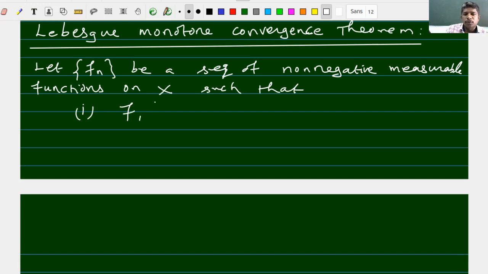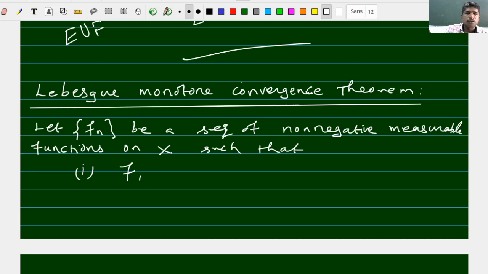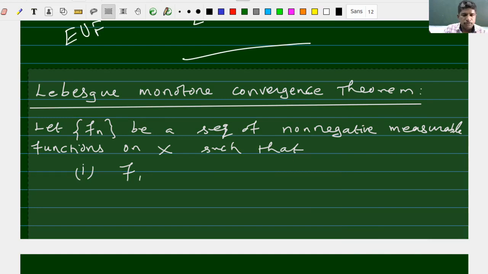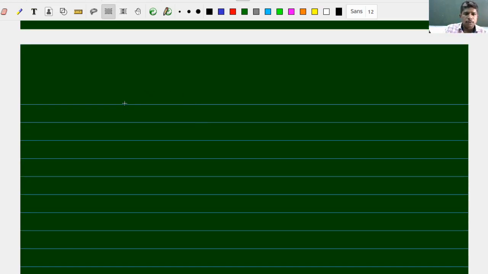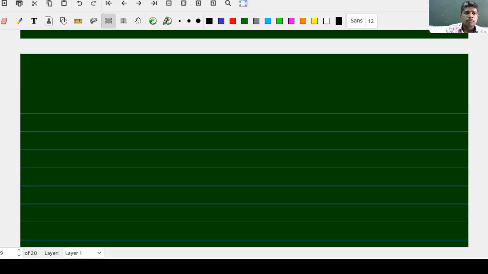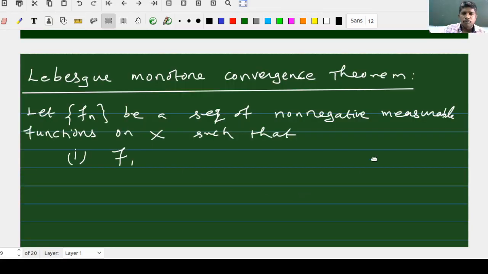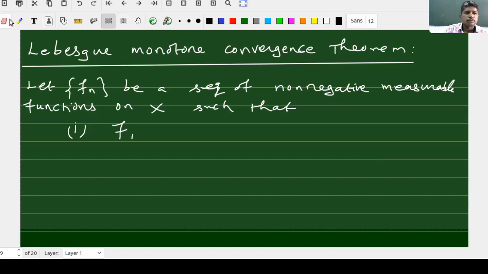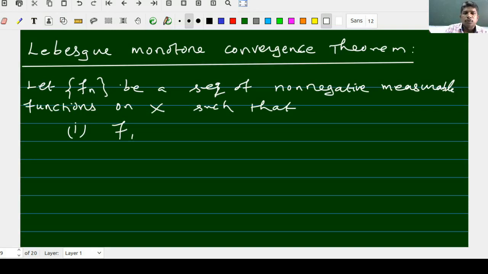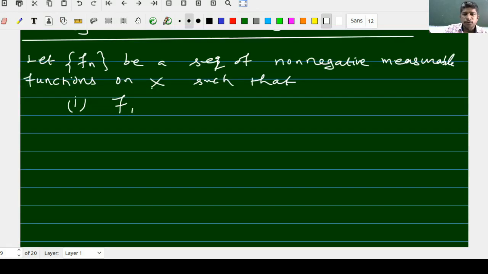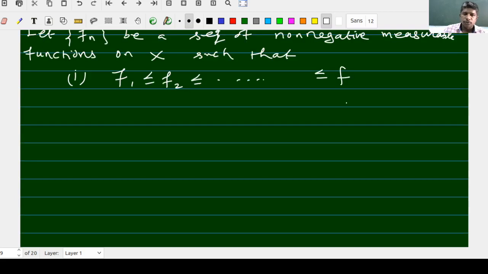Now we write the domain and the codomain of fn, that's most important. Simply non-negative measurable functions, f1 less than or equal to f2 less than or equal to, and so on. So everything less than or equal to f.